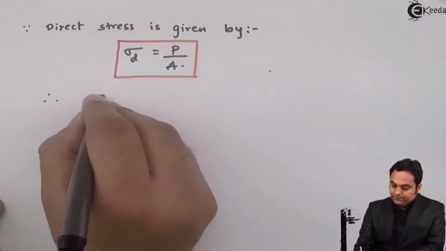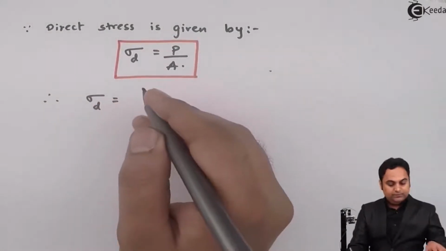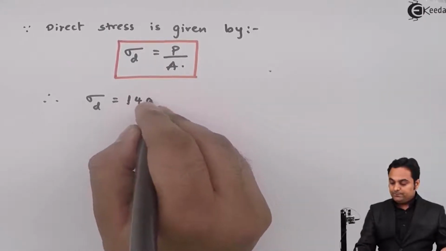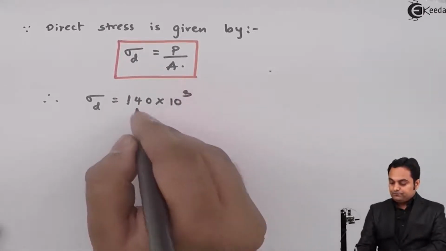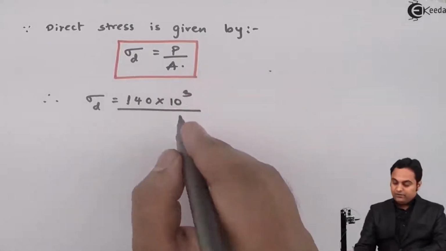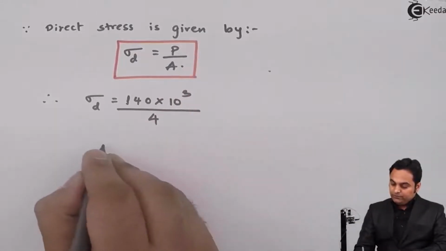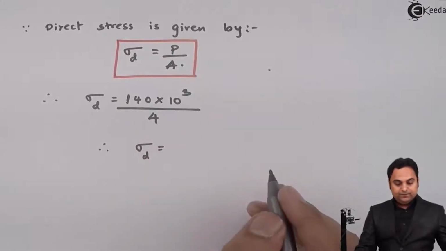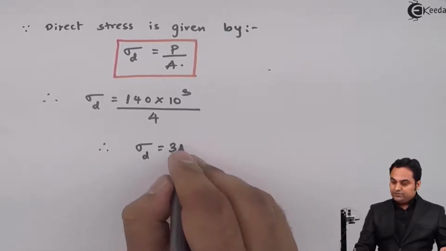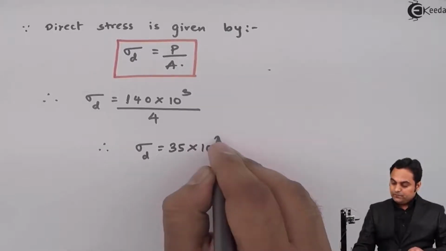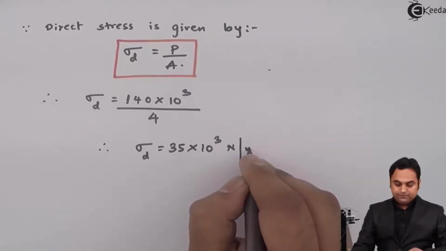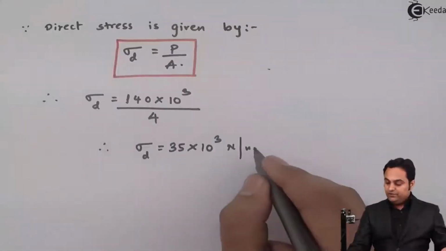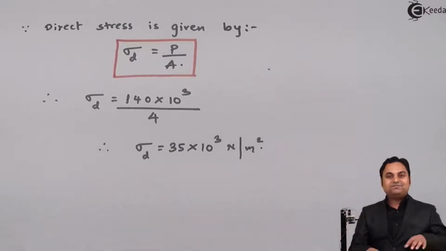So therefore, the load in the problem is given as 140 into 10 raised to 3 Newton. Area is 4. So therefore, direct stress value comes out to be 35 into 10 raised to 3 Newton per mm square. And here the unit is in terms of meters, so stress will be Newton per meter square.